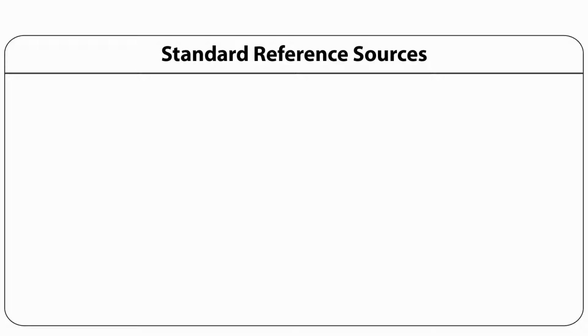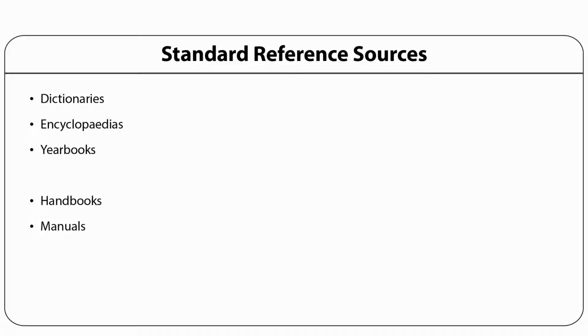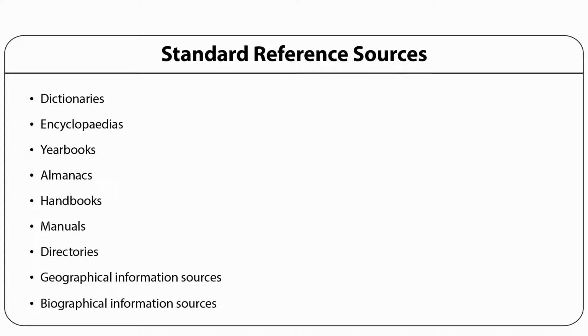Standard reference sources include the standard reference collection of the library like dictionaries, encyclopedias, yearbooks, handbooks, manuals, almanacs, directories, geographical and biographical information sources.